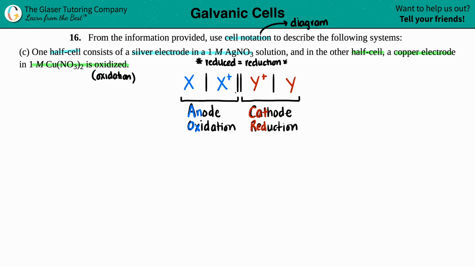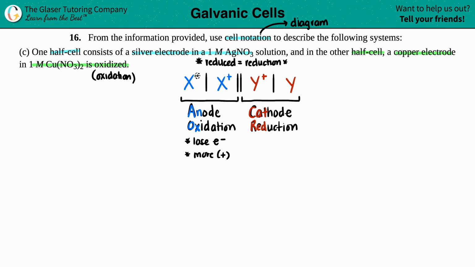Oxidation, remember, just means a loss of electrons, and in the process, you're becoming more positive. We can kind of see that from here. I'm starting with something that in this case had a 0 charge, and it's becoming more positive.